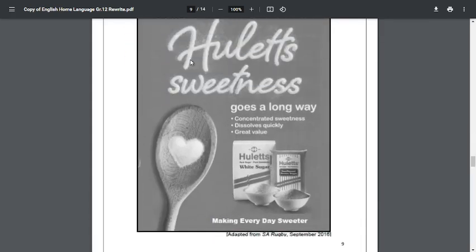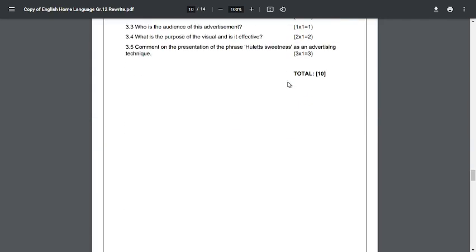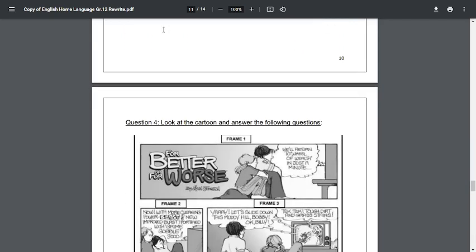And you can see that only Hewlett's has an uppercase letter, the rest is lowercase. Even goes a long way is lowercase. Because they want it to seem not shouty, they don't want it to seem too assertive, because if it's too assertive, then people will associate sugar with something that makes you excited or upset or something like that. Here you just need to think naturally, again. But think like an advertiser.